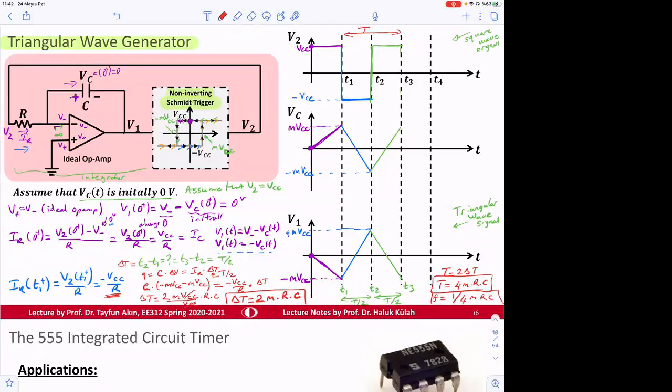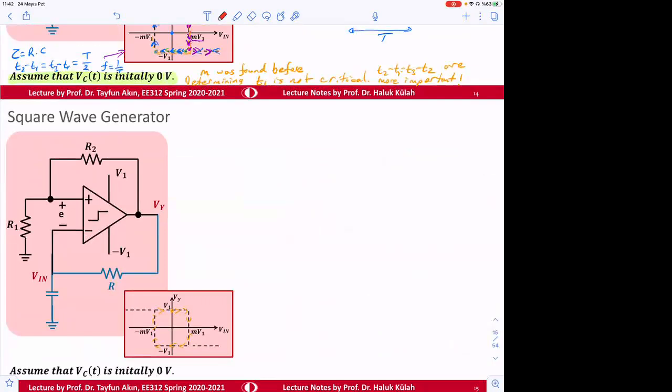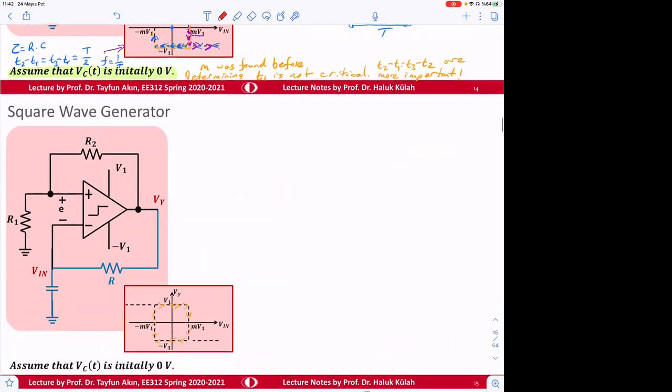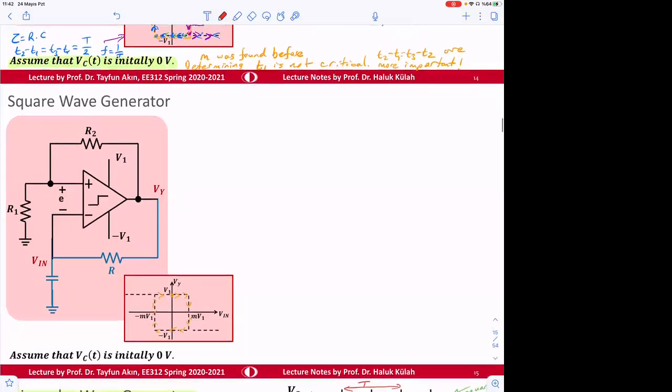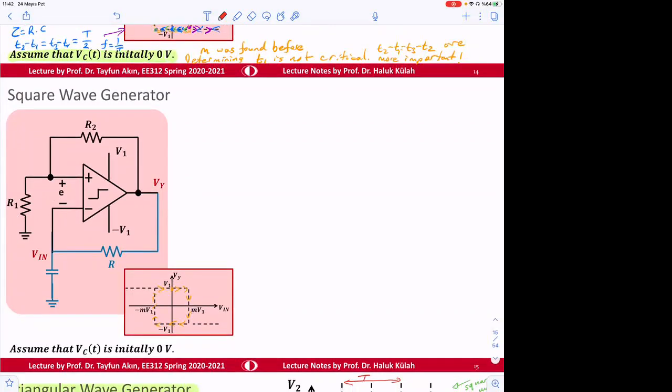Okay, so we have seen that we can use this block, a square wave generator, with an interesting feedback, and then we can obtain different types of circuit blocks. This includes a bistable multivibrator to make a square wave signal, or square wave generators, or astable circuits, or monostable circuits.